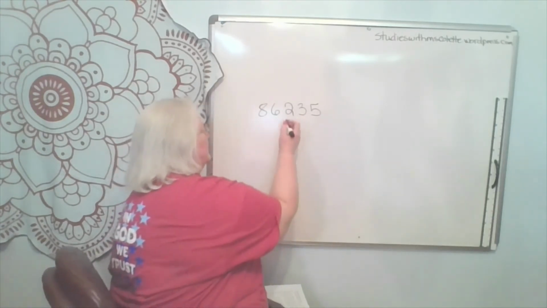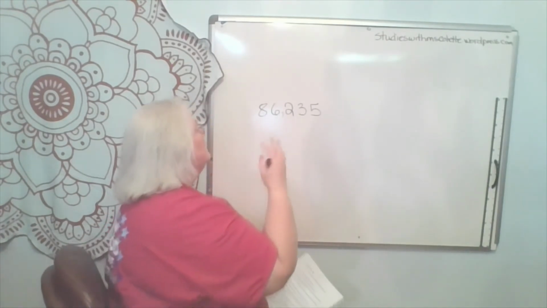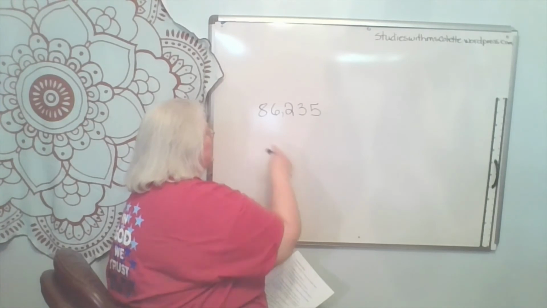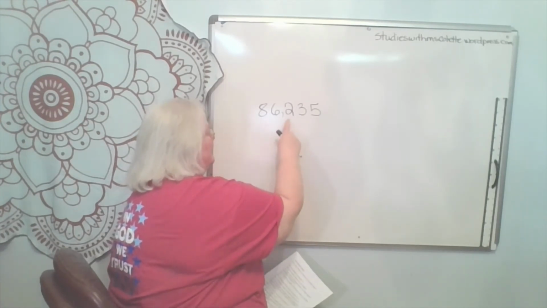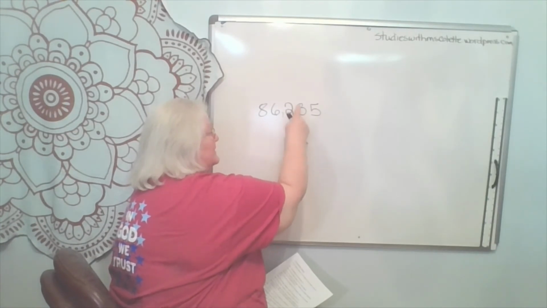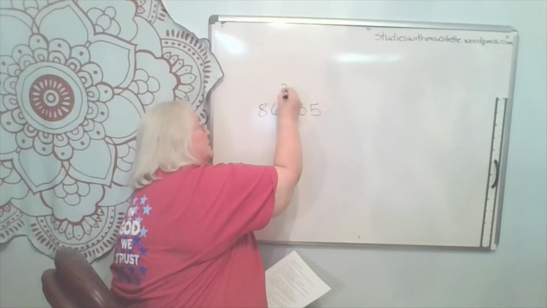That should be correct. That's a pretty big number, so let's see if we got it right. Now, when I'm adding, I get 8 plus 6 is 14, 15, 16, 17, 18, 19, and then 19 plus 4 is 24.